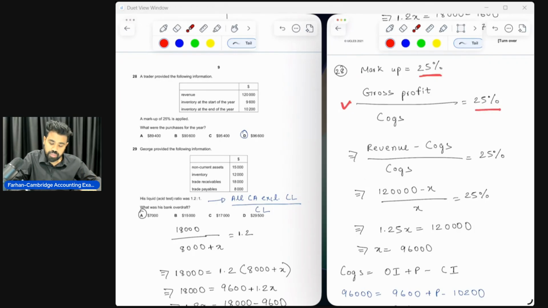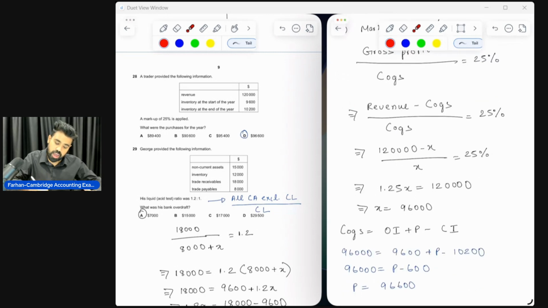Gross profit can then be derived by writing the revenue and subtracting the cost of goods sold. What we're now doing is replacing all information that we already have within this equation. So the revenue is 120,000. The cost of goods sold, we have just assumed it to be X simply. And again, we are replacing the denominator with X just for the purpose of making it look simple.